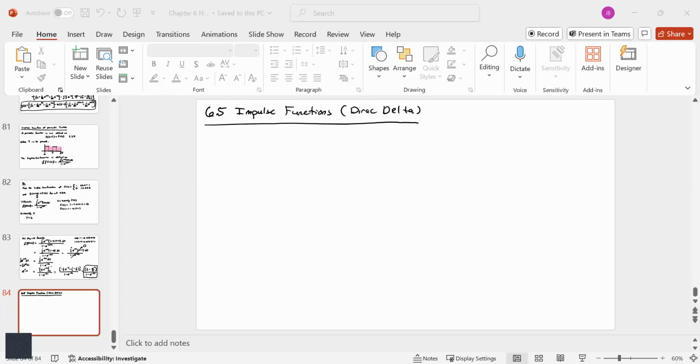It is very useful in a particular situation where we want to represent something happening very quickly, but there being a lot of it over a short period of time. The most common example is imagine you're striking something with a hammer, or a bullet is hitting a block of wood. The bullet hits the block of wood very quickly and disperses all of its energy.